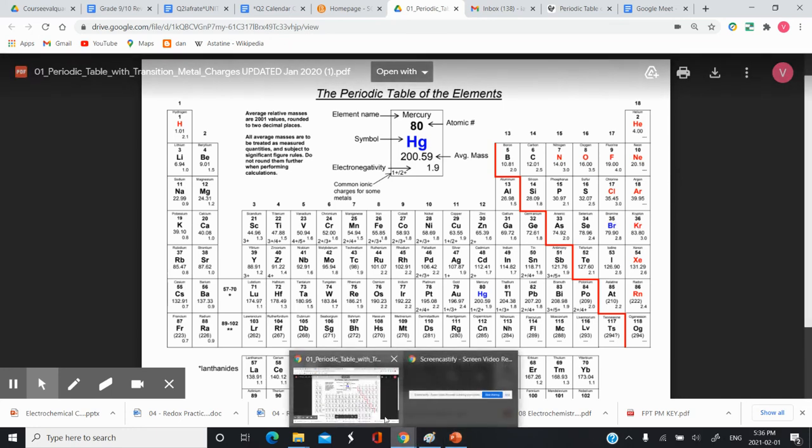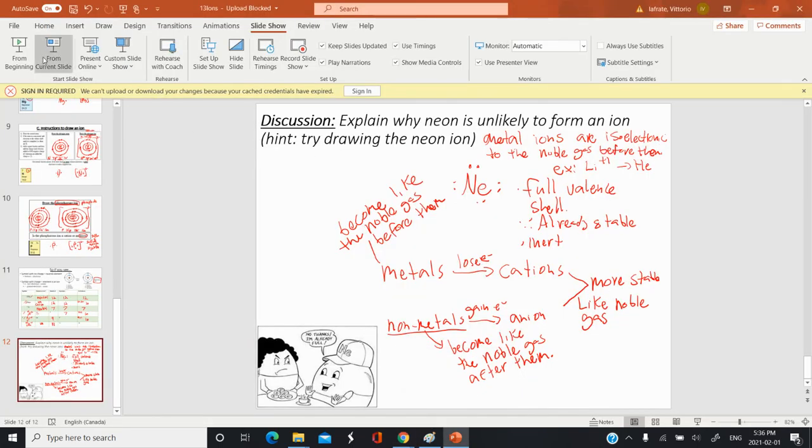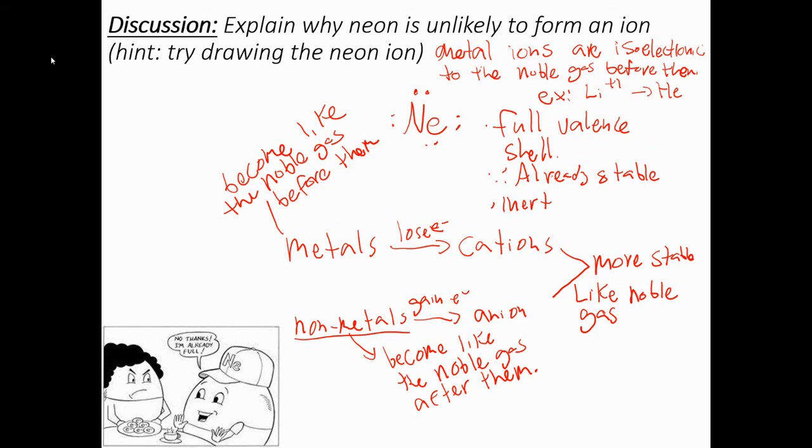So nonmetals are isoelectronic to the noble gas after them.